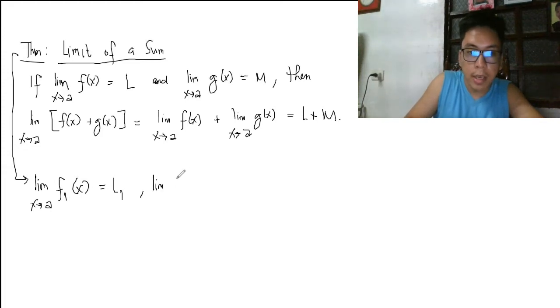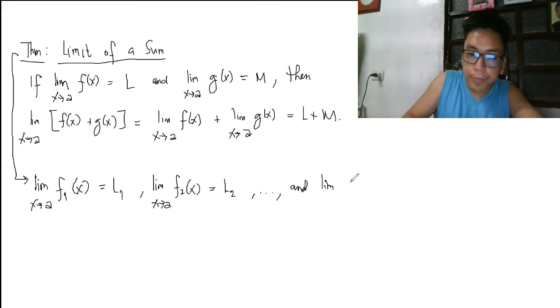You also have the limit of f2 of x as x approaches a, and that's L2, and so on up until you get the limit of fn of x as x approaches a, and that's equal to Ln.